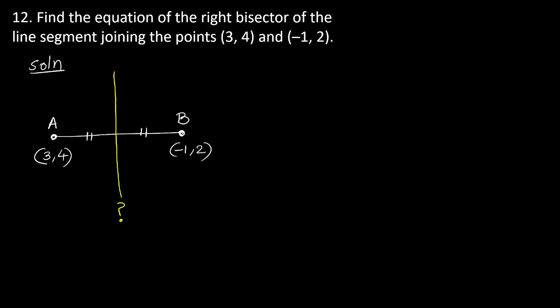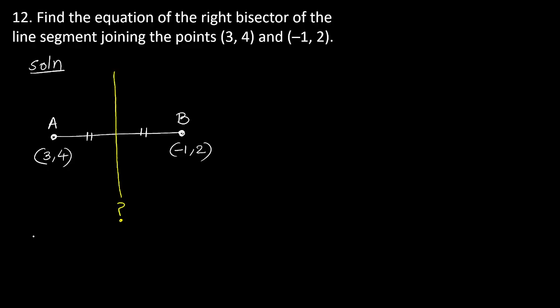Yes, sir. So, how can I find out? Remember, if the question contains perpendicular, think about m1 into m2 equals minus 1. If perpendicular lines are mentioned in the question, think about m1 into m2 equals minus 1.